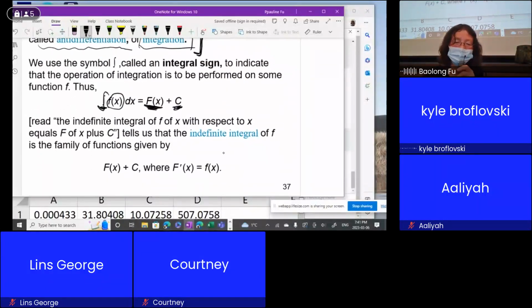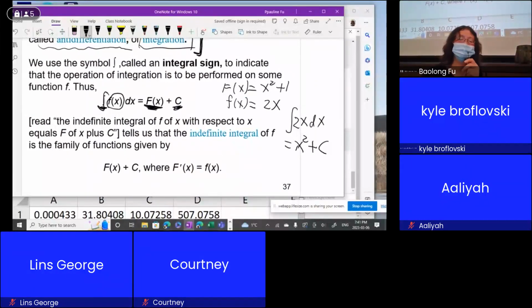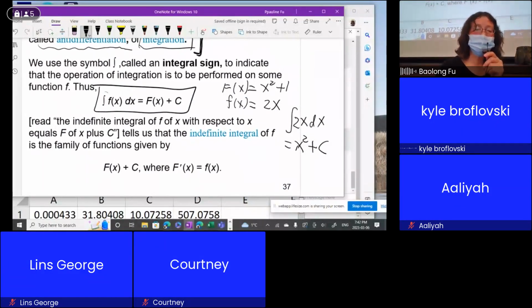For example, we know if you have capital F equal to x squared plus 1, what is small letter f? It is just 2x, right? So we say the integral of 2x dx equals x squared plus c. This establishes the relationship between small f of x and capital F of x.